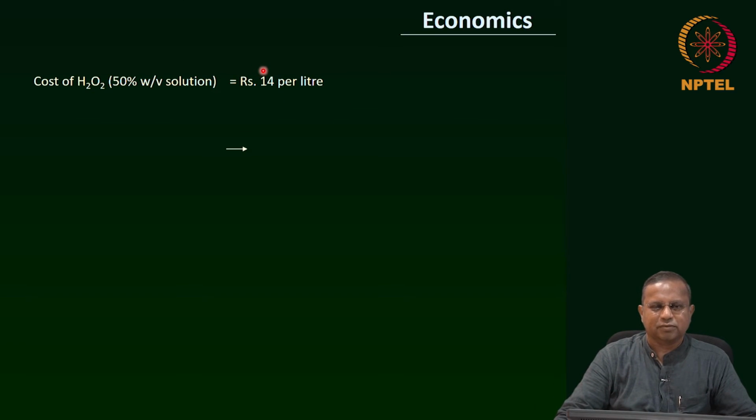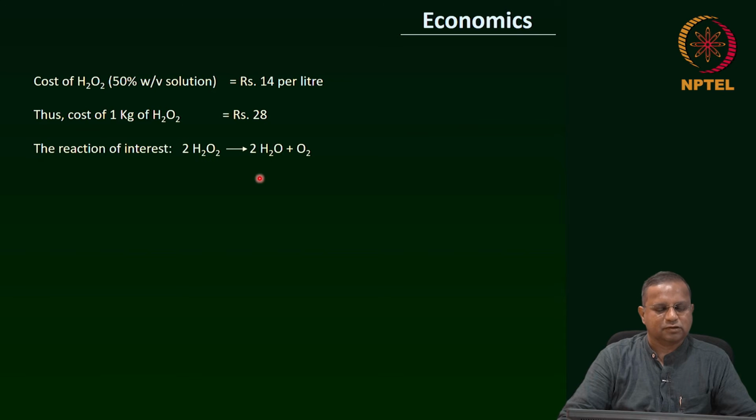I checked about a year ago, it was close to that. This was a long time ago, by the way, 15 or more like 17 years ago. The cost of 1 kg of hydrogen peroxide therefore is 28 rupees, you can work out this.